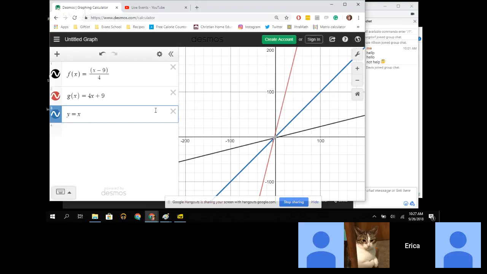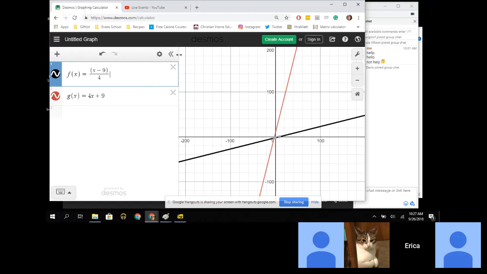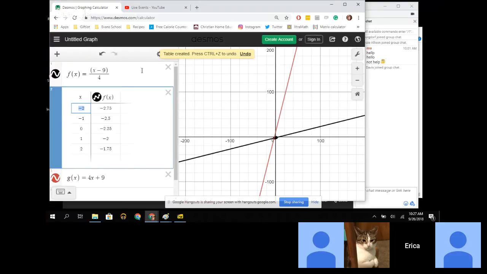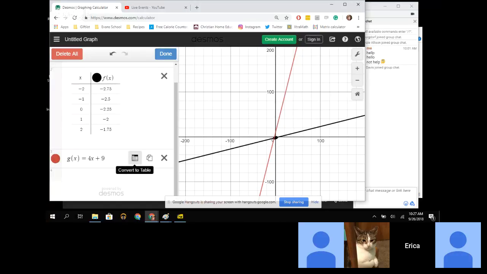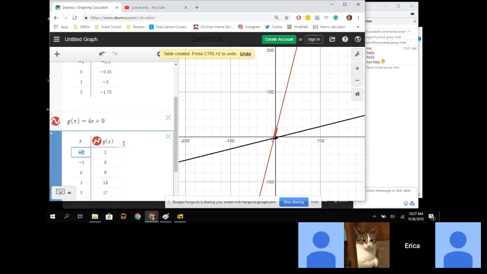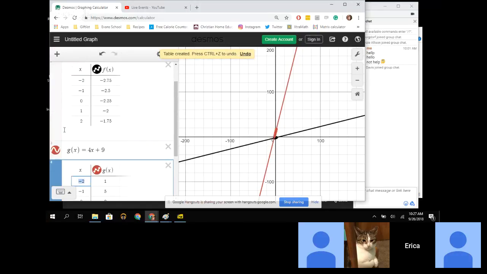Pretty cool, right? All right, so now if you want to use the table function in Desmos, what you do is you go up to Edit List, and then there is a Convert to Table function. So for example, you can see here that if I put in x equals 1, my f of x is negative 2, right?